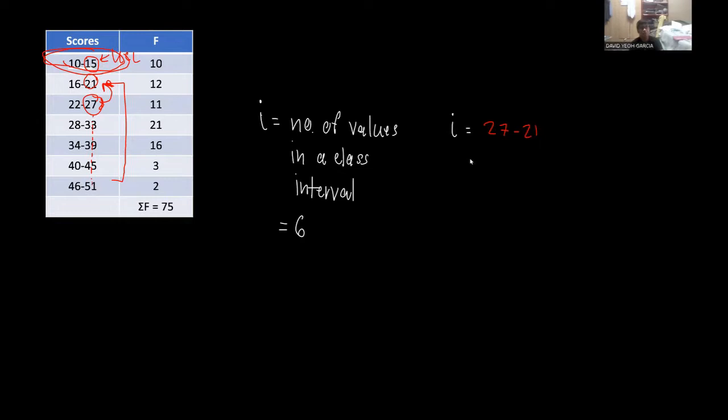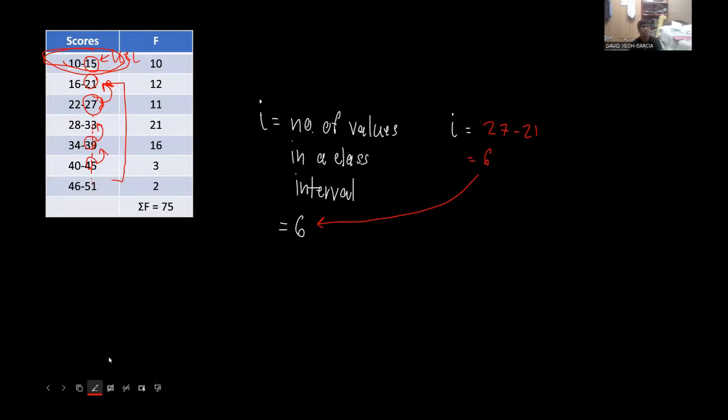So 27 minus 21 is equal to 6, which is the same as what we found before. Or you can pick any upper class limits, as long as they are consecutive, like 39, 38, 45, and so on.